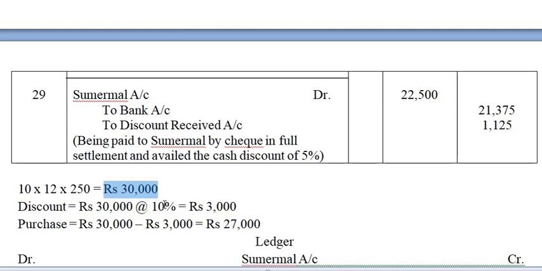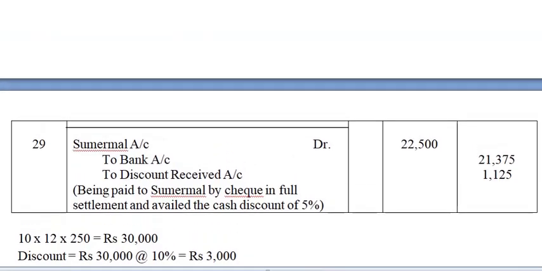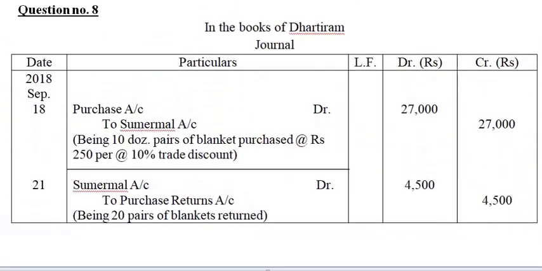Now the trade discount will be 3,000. So the purchase price will be 30,000 minus 3,000, 27,000, after the trade discount. Remember this.